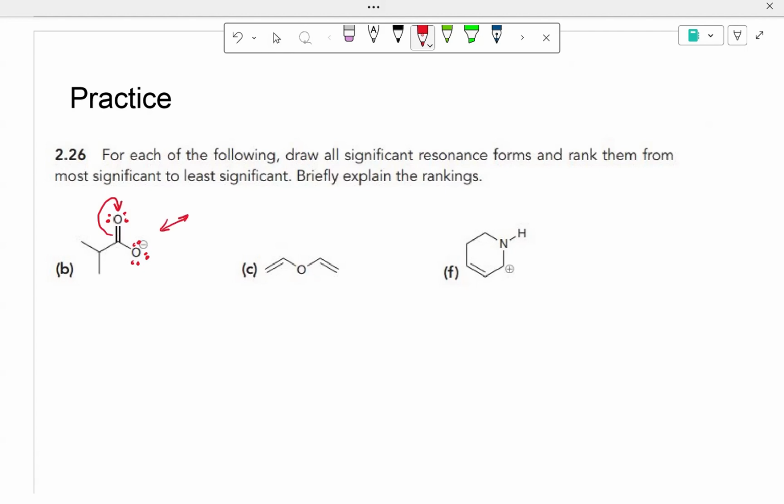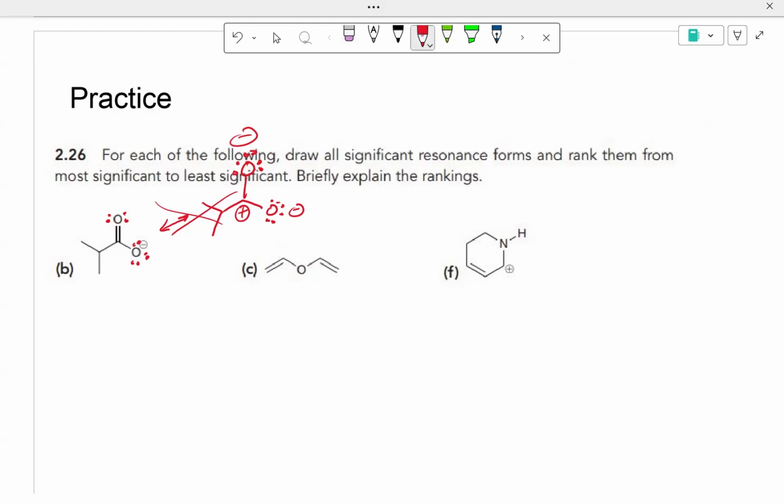That was one of our common patterns. When I write the result of this, what do you notice? I went from 1 charge to 3 charges. That's not good at all. We're not going to show that resonance form.